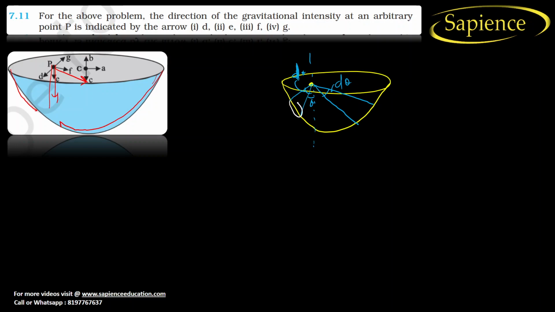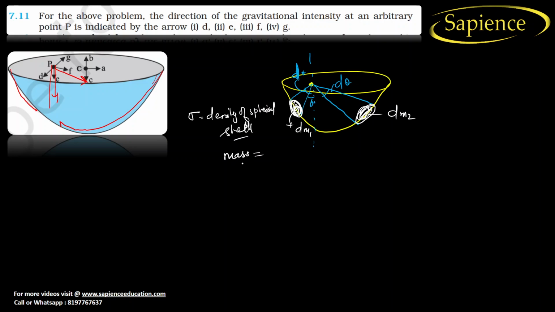Now see here, since this is a hemispherical shell, it has some amount of mass here, and also some amount of mass there. Let us consider the density: rho is the areal density of the spherical shell. So the mass, if there is a small mass, consider this as dm1 and this as dm2.